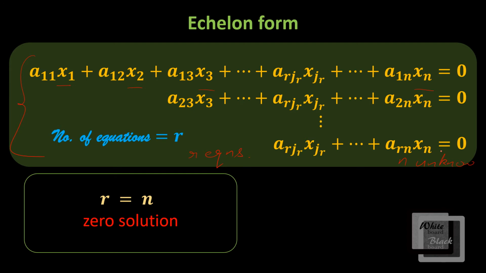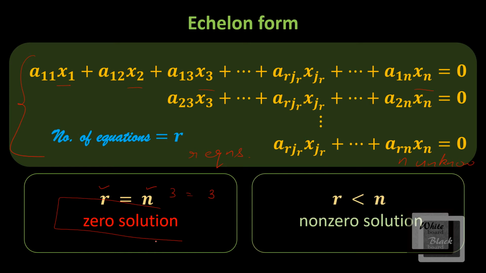If r equals n, the number of unknowns and the number of equations are both equal. Suppose you have three unknowns and three equations, then in that case we will have the zero solution. But if the number of unknowns is greater than the number of equations, then we will get a non-zero solution.